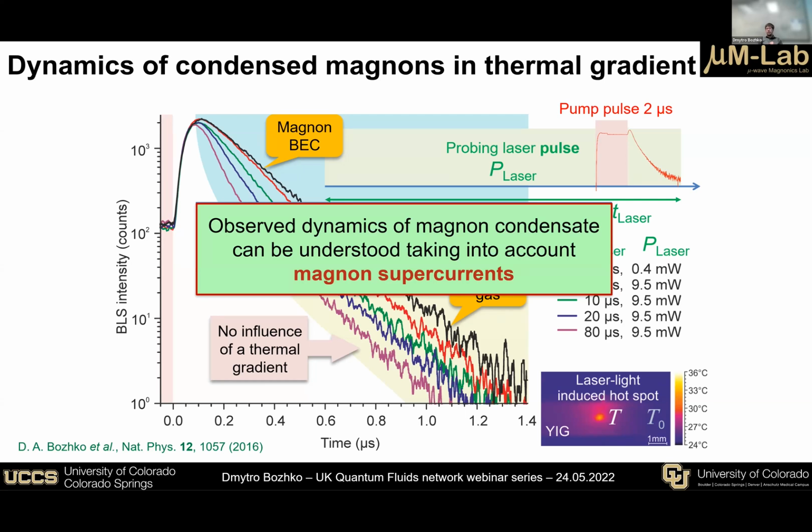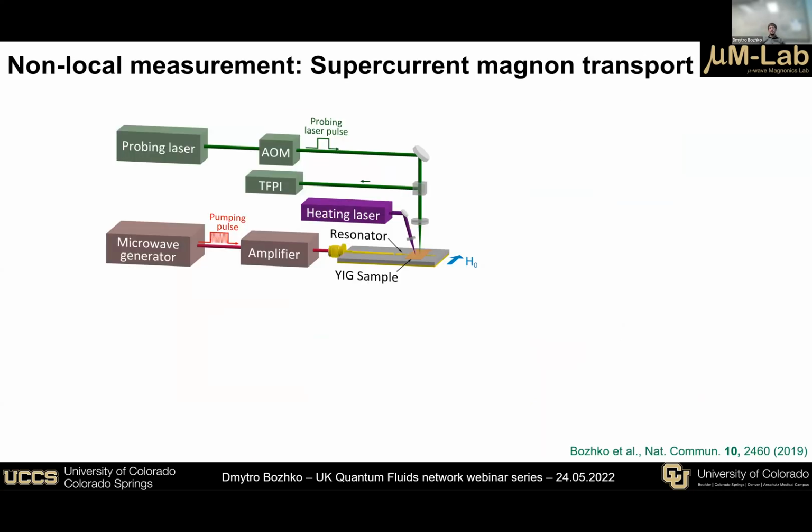This is magnon supercurrent, and in order to prove that, and to figure out actually how that condensate flows out, we did an additional experiment. For that, we separated the heating and probing. That was the next step.